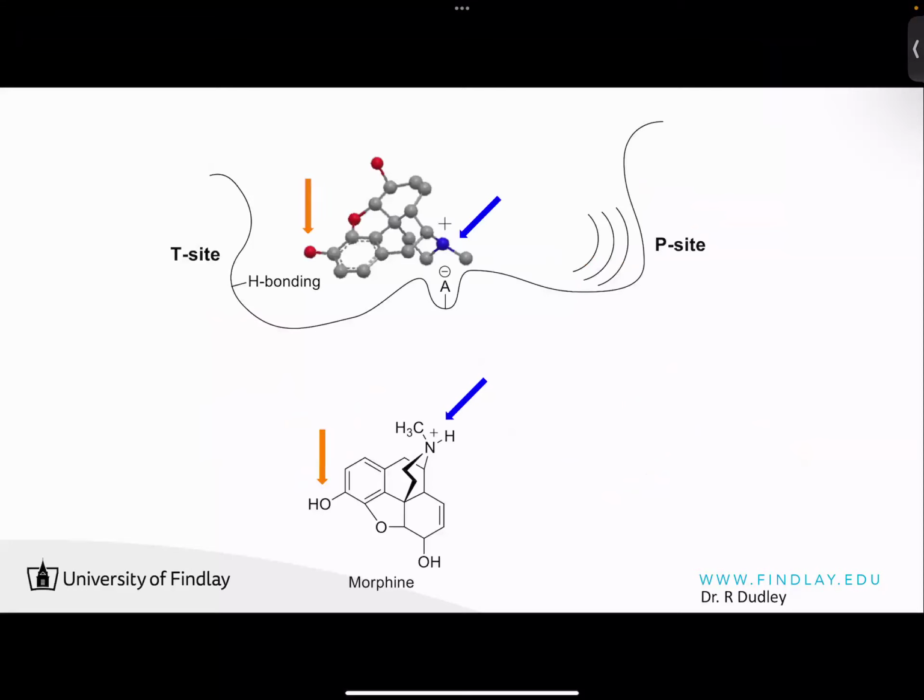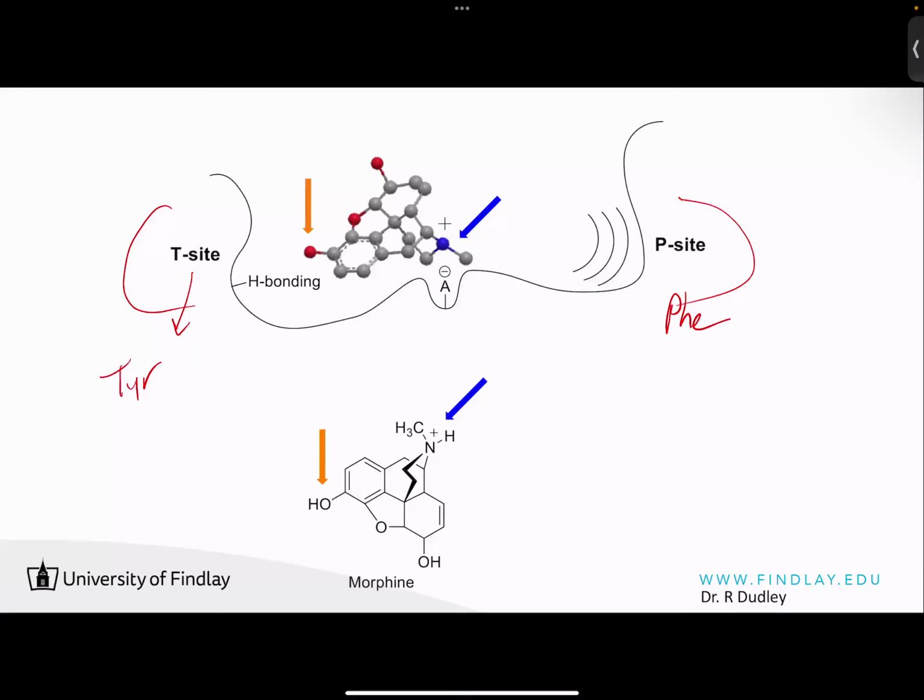The classical description of the opioid receptors used to utilize a type of site binding. So we had the T site and then the P site. The T site was mostly for the tyrosine binding, and then the P site was for the phenylalanine binding.